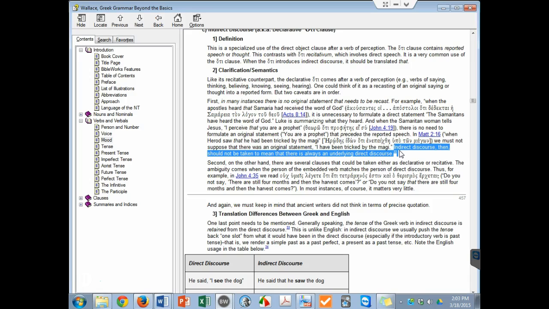It certainly would be illegitimate to say, well, the optative is the farthest from reality. This is a long shot, Paul's praying here. I really wish, I know it's not likely to happen, but I really wish God would sanctify you entirely.